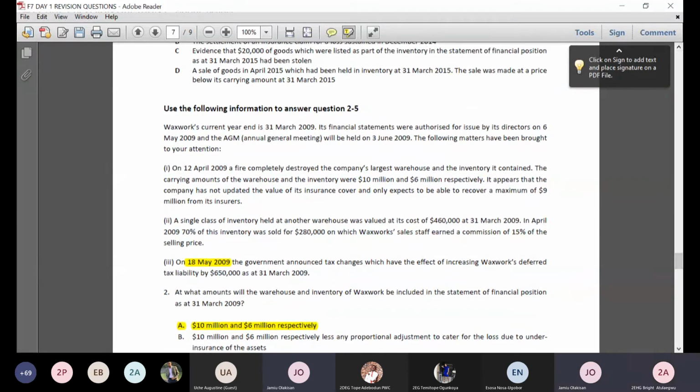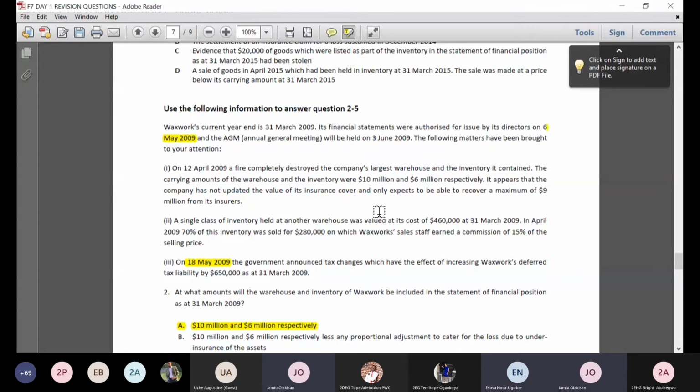6th May. Adjusting events after the reporting period are those events that occur between the end of the reporting period, which is 31st March 2009, and the date the financial statements were authorized for issue. Financial statements were authorized for issue when? 6 May.